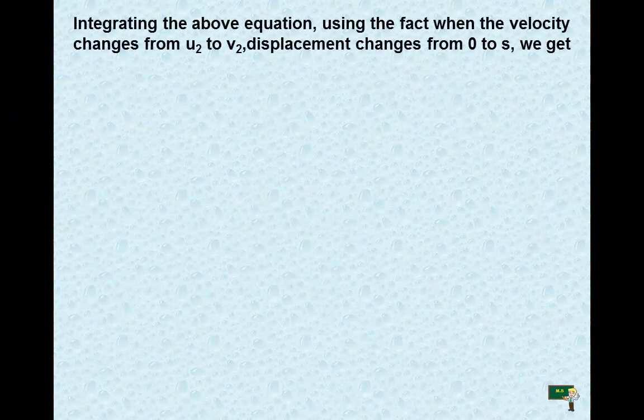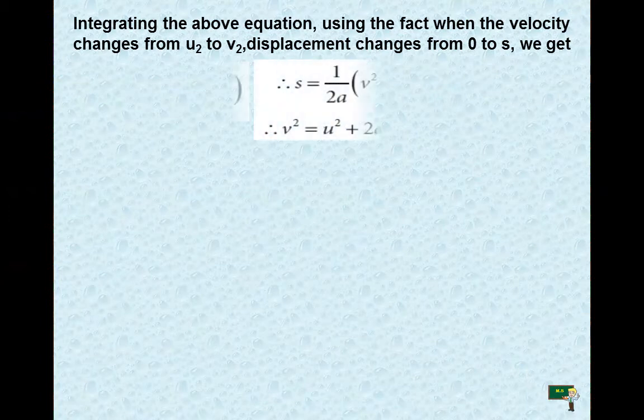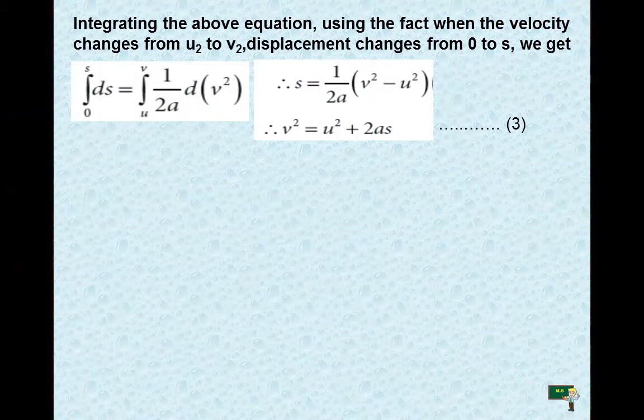Integrating the above equation using the fact that when the velocity changes from u to v, displacement changes from 0 to s, we get integral from 0 to s of ds is equal to integral from u to v, initial to final, of 1 by 2a into d(v square). If you integrate this, you get s is equal to 1 by 2a times v square minus u square.